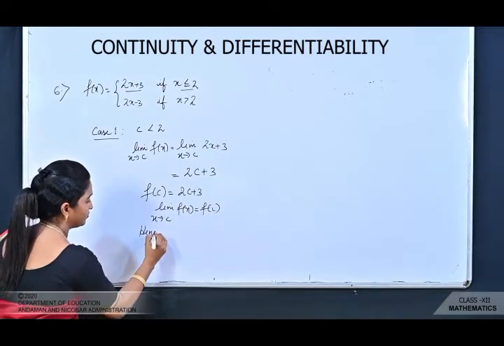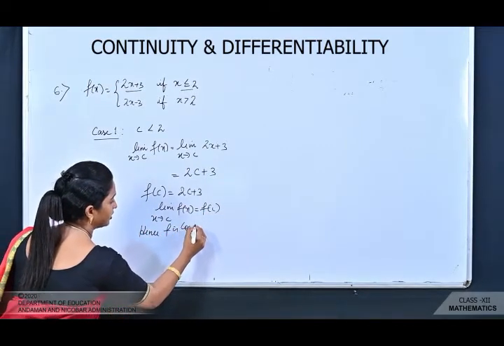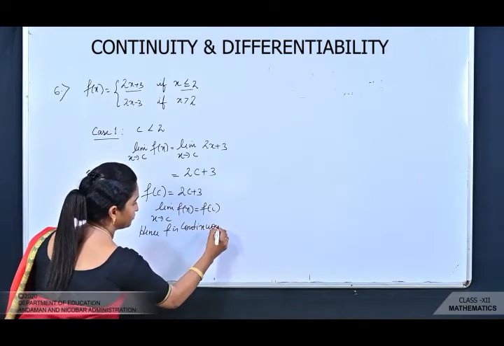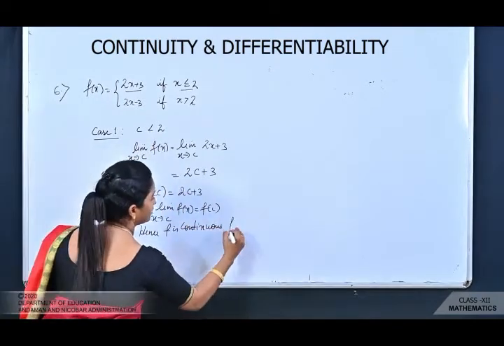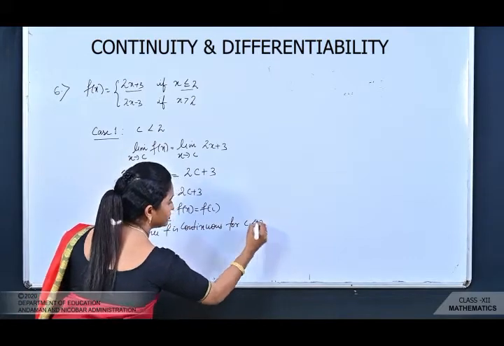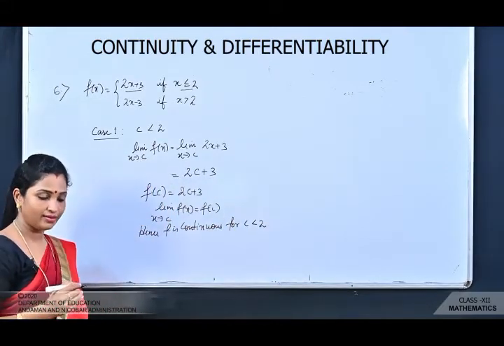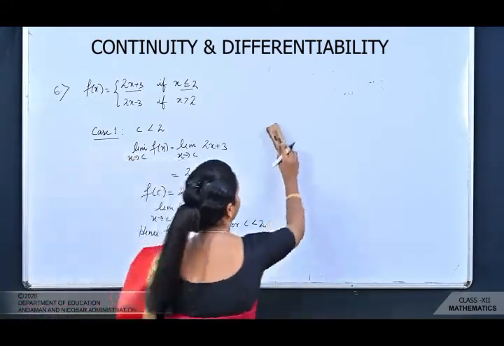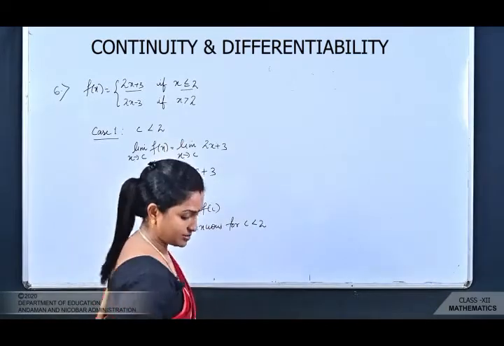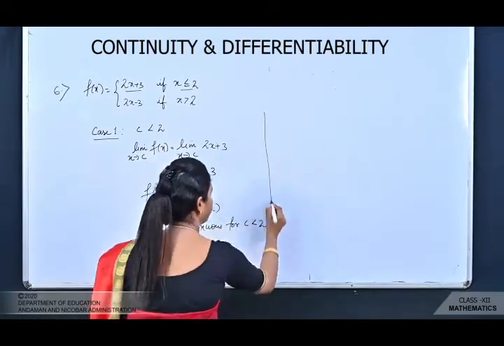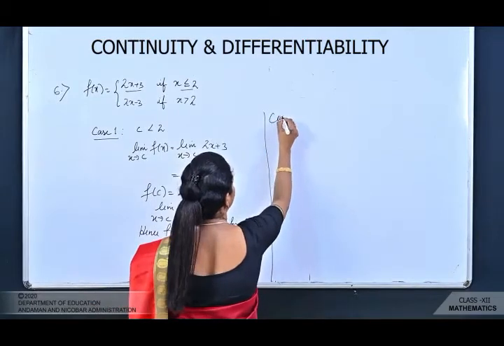Hence, function is continuous for c less than 2. Clear?